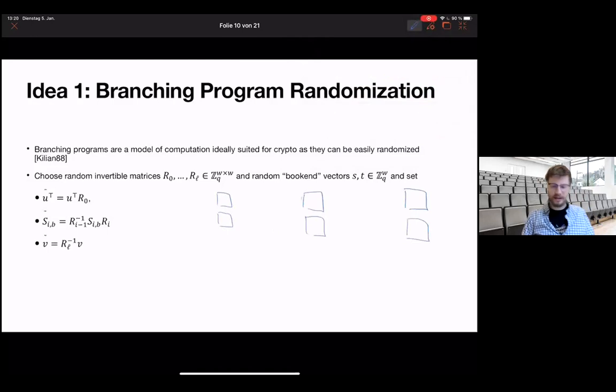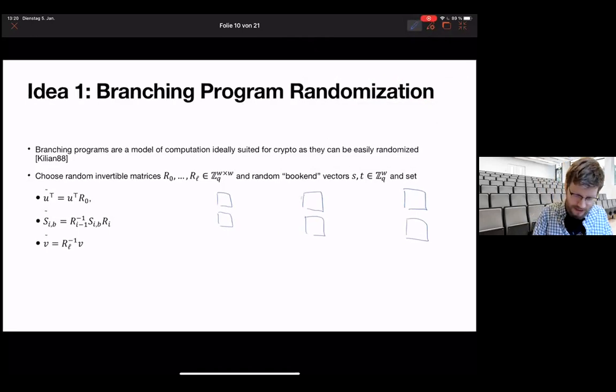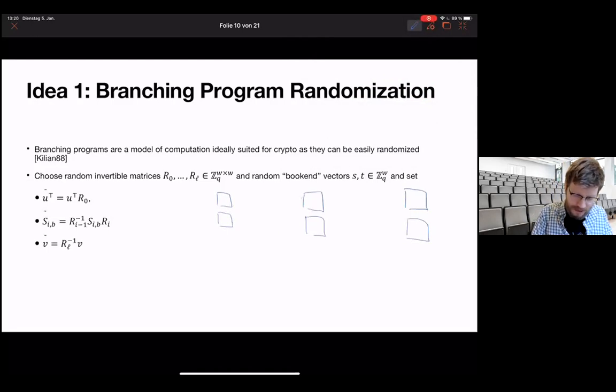So I'm gonna do two things. The first thing is I'm gonna take all of these matrices S_i,b, this is S10, S11, S20, S21, S30, S31.